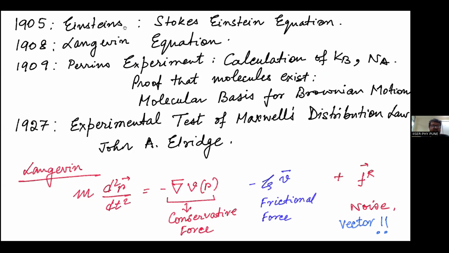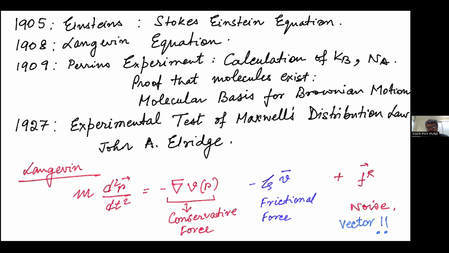In 1905, Einstein also came up with the so-called Stokes-Einstein equation, and that is at the end of this lecture. We should briefly mention its content, because it's at that time that Boltzmann had come up with this molecular theory of collisions of gas particles.